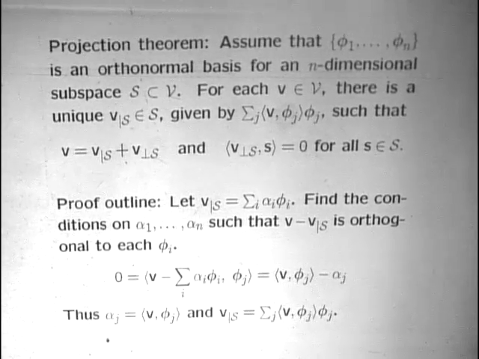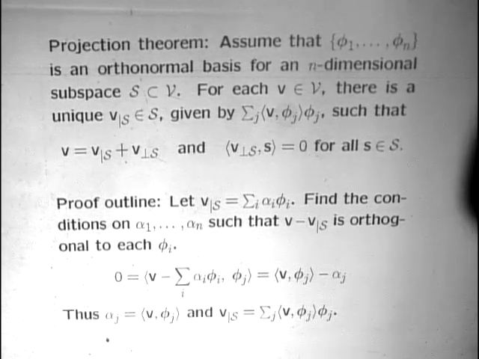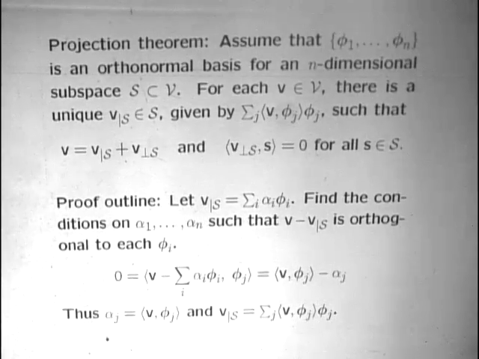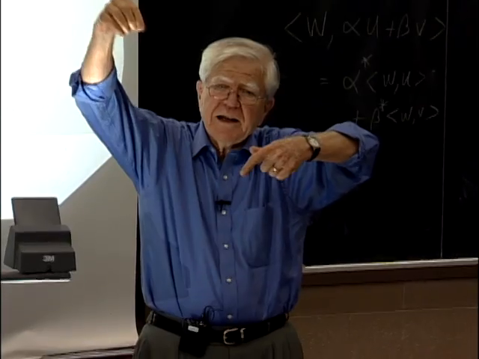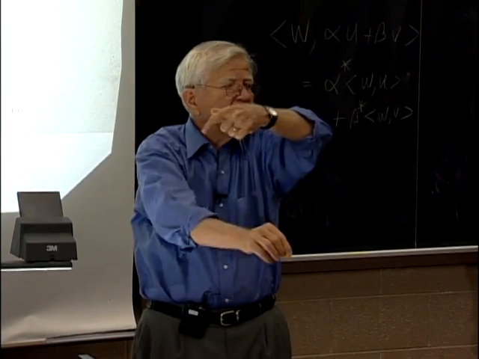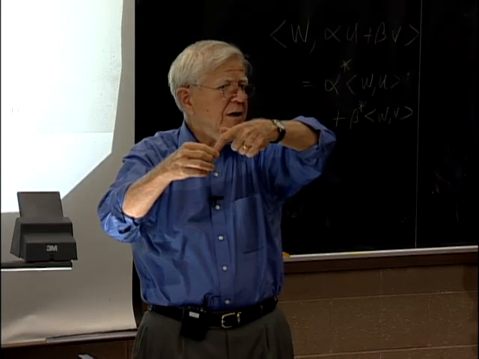Okay, in other words, it's just what we got in this picture we were just trying to construct of a two-dimensional plane. You drop a perpendicular to the two-dimensional plane, and when I take any old vector in this plane, we still have the perpendicularity, okay?